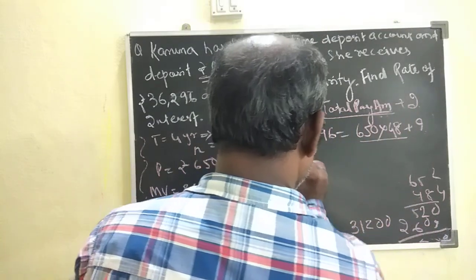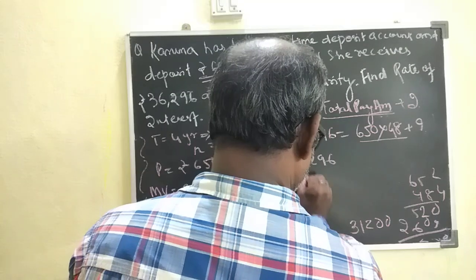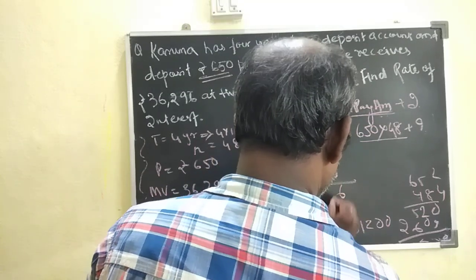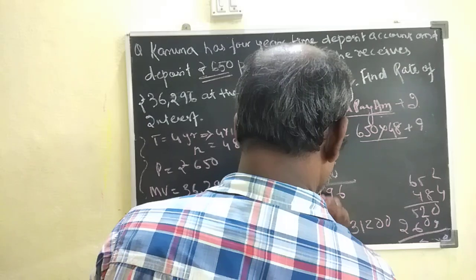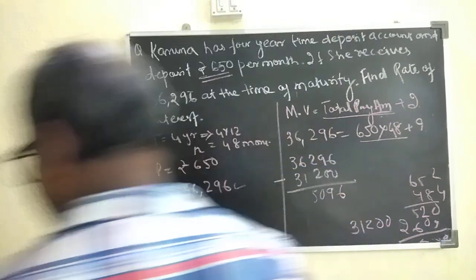So from 36,296, if you minus 31,200, we get here 5096.